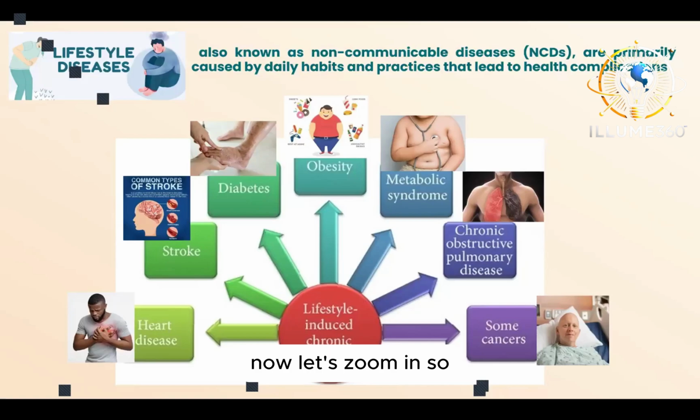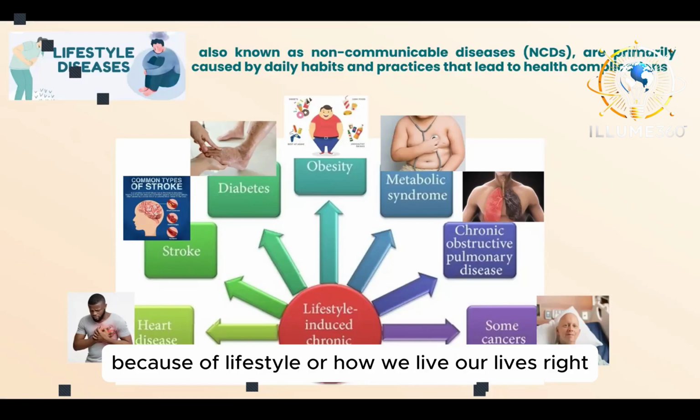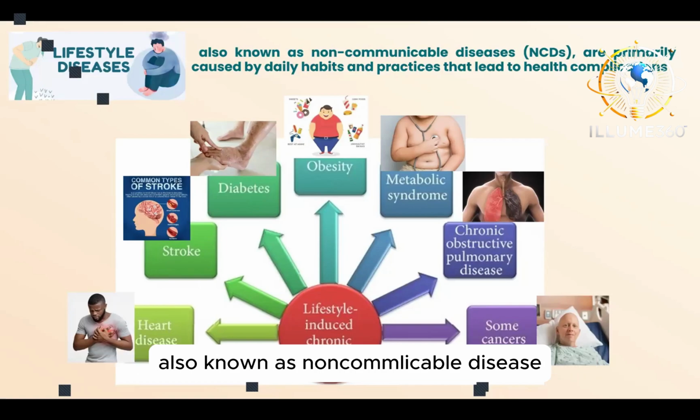Now let's zoom in. Lifestyle diseases, per the name, suggests that they are diseases that one can acquire or suffer from because of lifestyle or how we live our lives, right? Also known as non-communicable diseases, they are primarily caused by daily habits and practices that lead to health complications.